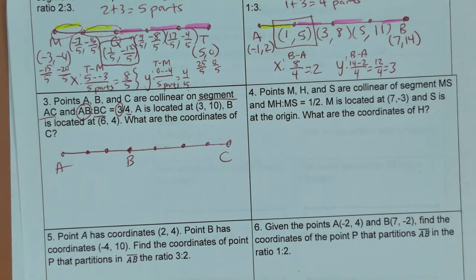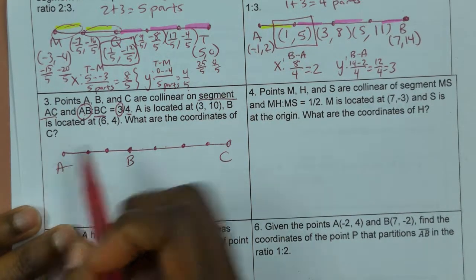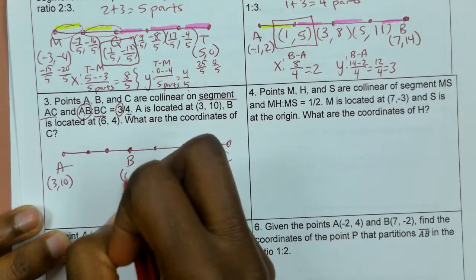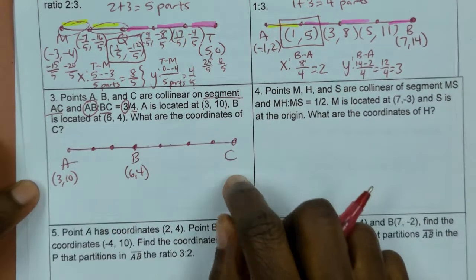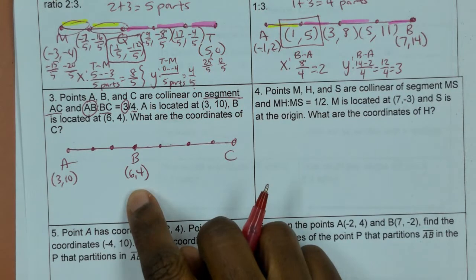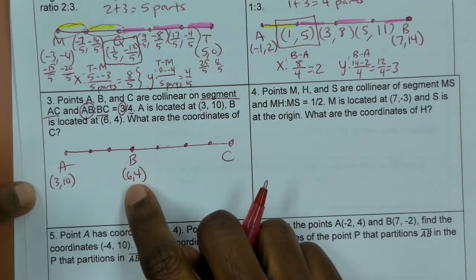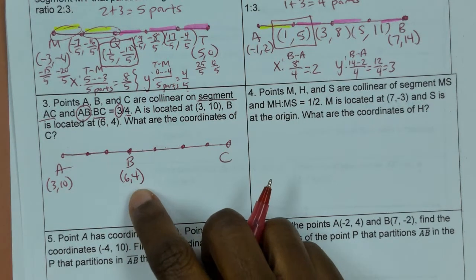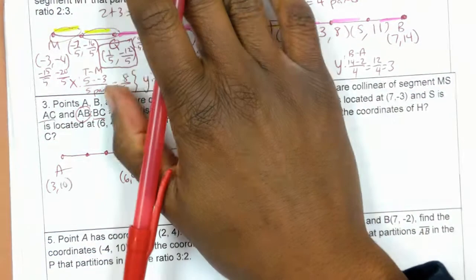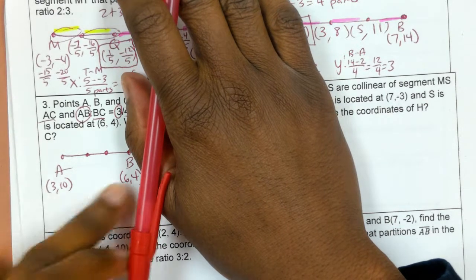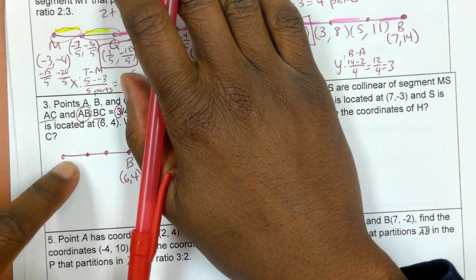Okay, so 3/4. So this is going to be, A was at 3, 10. B is at 6, 4. So unlike all the other problems where I give you the end, this time I give you a partition point, a divider point, and the beginning. So what we want to do is still figure out, we want to treat this B as if it's the end. So we want to do our partitioning process, but with only 3 parts.